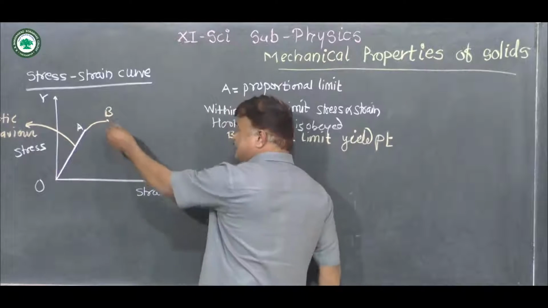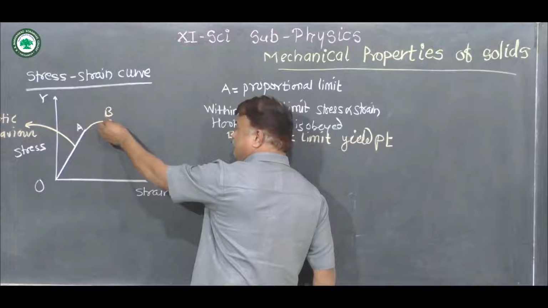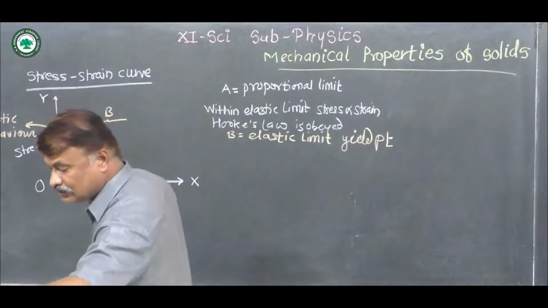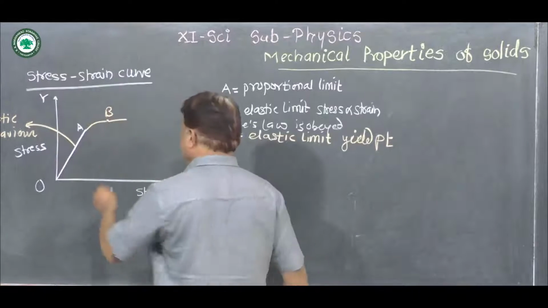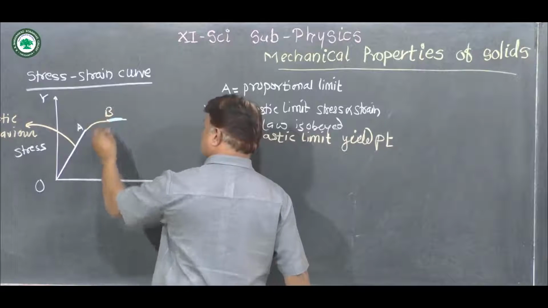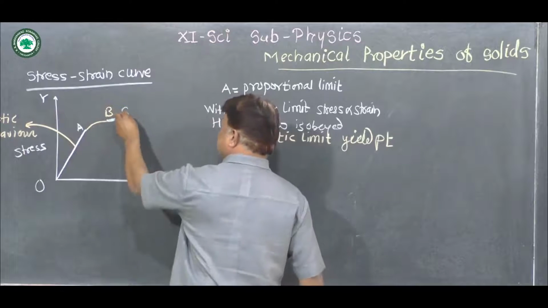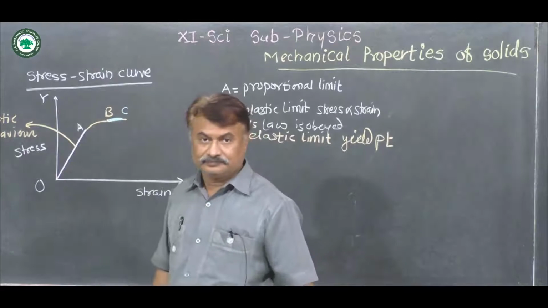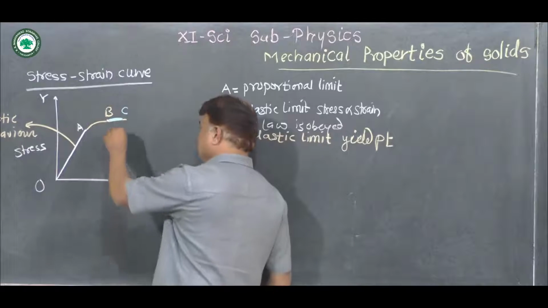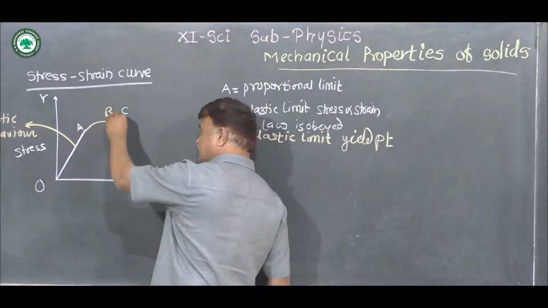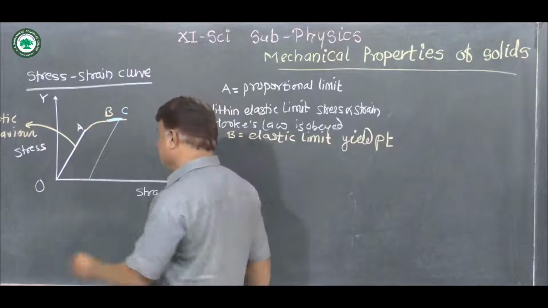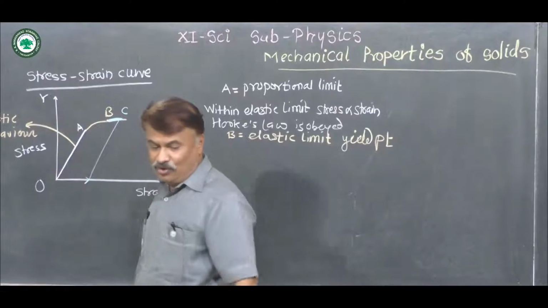Now if we increase the load beyond the point B, up to C, this point is say C. Then if we decrease the load, then there is permanent deformation that remains in the wire, which is given by OS.